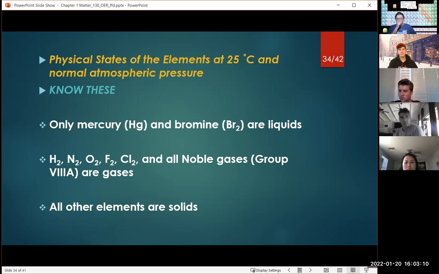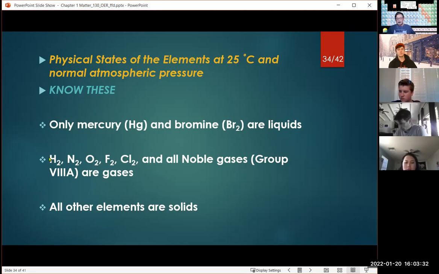Now, of the 118 elements that we have, only 2 of them are liquids, specifically mercury and bromine, okay? All right, now, I'm going to have to pull up the periodic table here in a second.